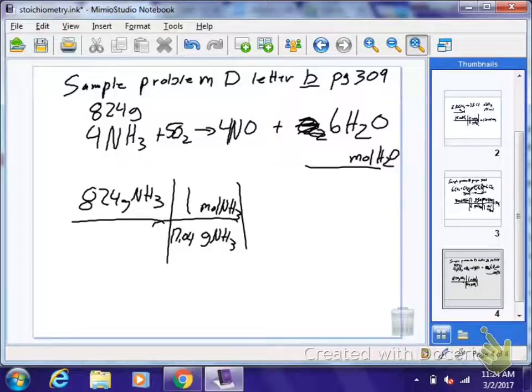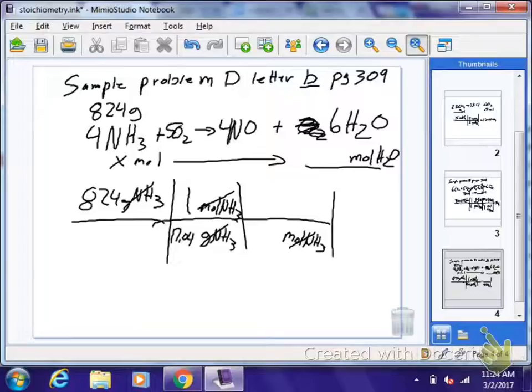So we got moles of NH3. We've got an easy step, the last one, because all we have to do is copy our units. I'm not putting a unit in there yet. So we're at moles of NH3 after this first step, and now we've got to go over there.